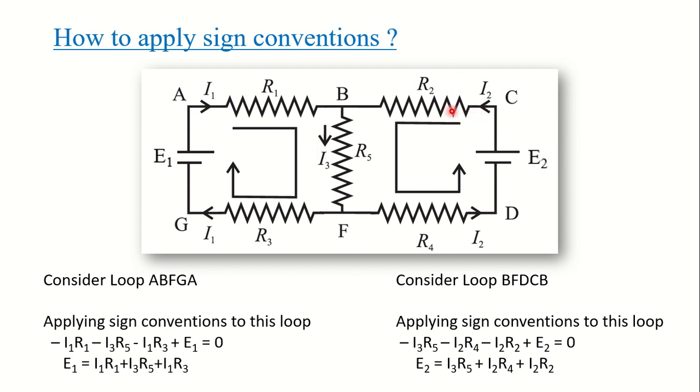Again the direction of current and the direction of loop are the same, so I2R2 also must be negative. So you will get this expression: minus I3R5 minus I2R4 minus I2R2 plus E2 is equal to 0. Rearranging the terms, you will get E2 is equal to I3R5 plus I2R4 plus I2R2.